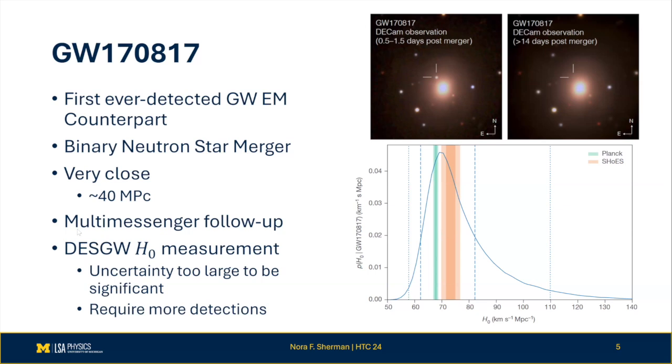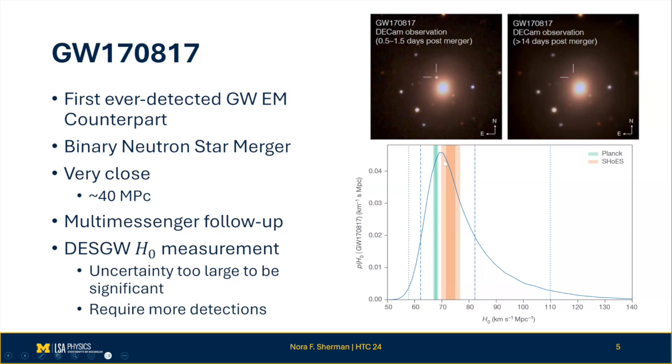And so when I say multi-messenger follow-up, there were numerous experiments, telescopes, instruments looking for this object in our sky. We were able to detect it across the electromagnetic wavelength, and DesGW was one of the teams that was able to discover this kilonova, and we actually performed an H-naught measurement on it.